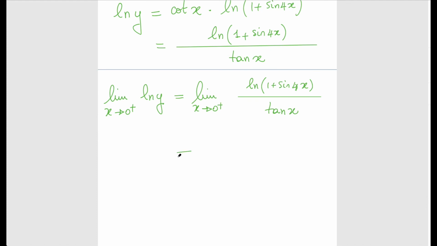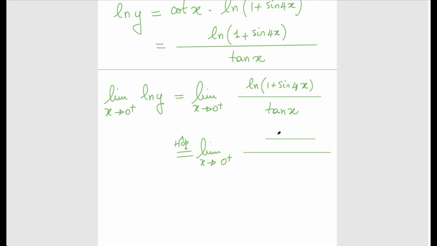So this is an indeterminate form of type 0 over 0, which means L'Hopital can handle it. And once L'Hopital is employed, what do we obtain? The derivative of ln, which means the derivative of the argument. And what's the derivative of 1 plus sine 4x? The derivative of 1 is simply 0.